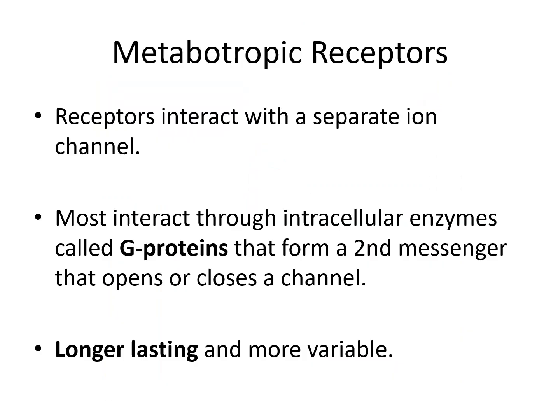The second type of neurotransmitter receptor is called metabotropic receptors. These are receptors that interact with a separate ion channel. So the ion channel is a separate molecule. So the receptor has to somehow activate the channel. Now, most interact through intracellular enzymes called G proteins.